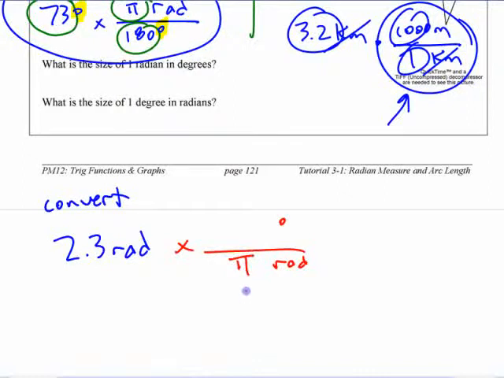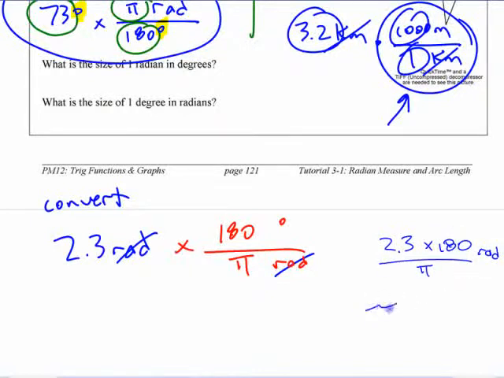I know that pi radians is the same as 180 degrees. The reason I want to do that is because then those units disappear. So I can just say it's 2.3 times 180 divided by pi. You can just go to your calculator: 2.3 times 180 divided by pi.